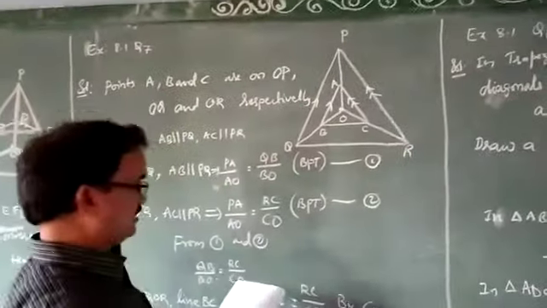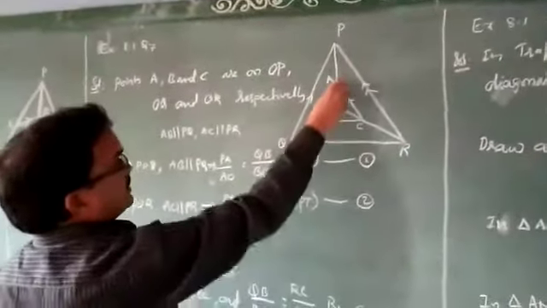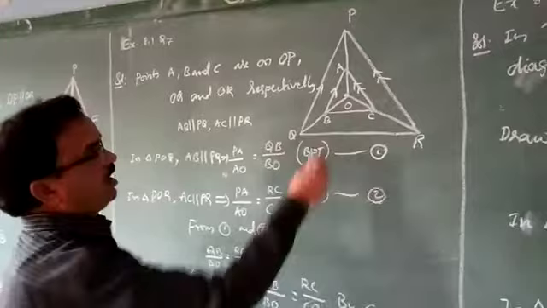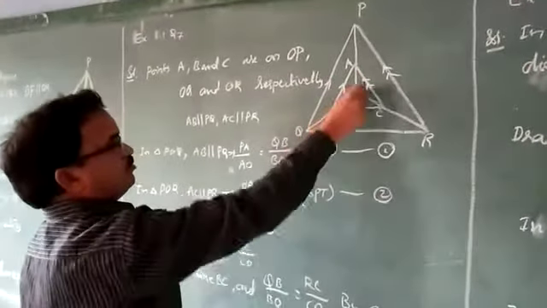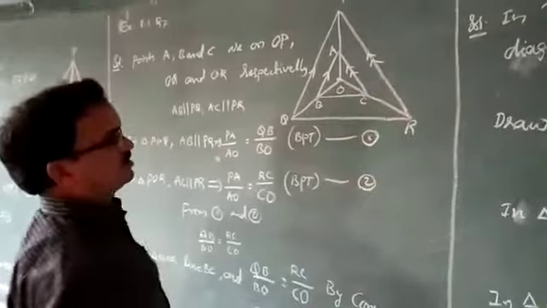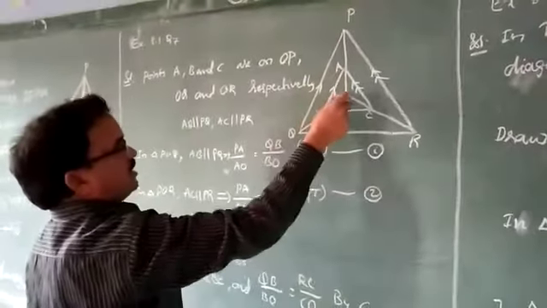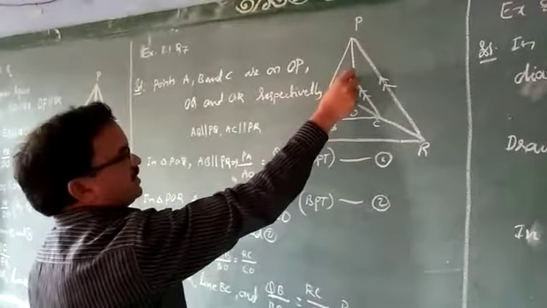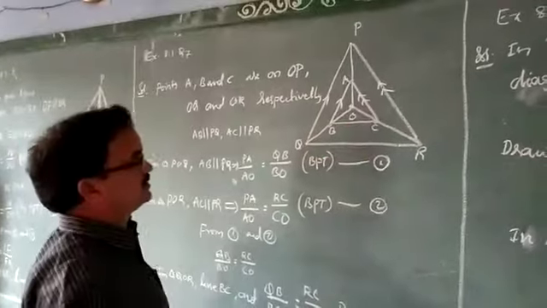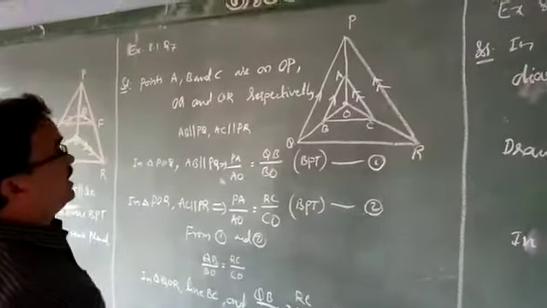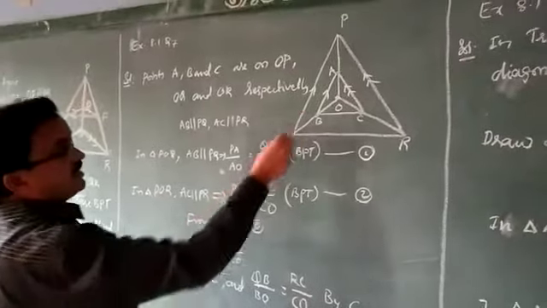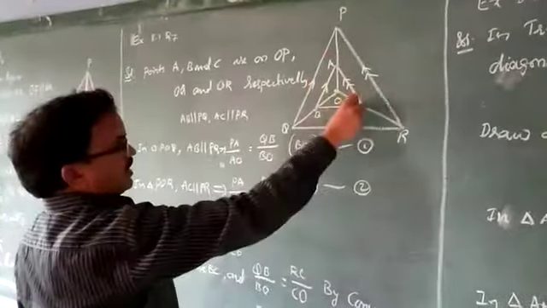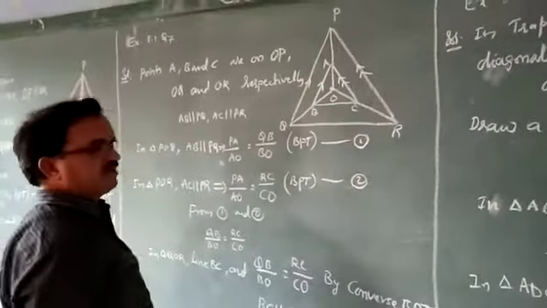In triangle ABC, A, B, C are 3 points on OP, OQ and OR. OP is one line, OQ is one line, OR is one line. On these, A, B, C are 3 points, and here AB is parallel to PQ, AC is parallel to PR. It is given in the problem only.